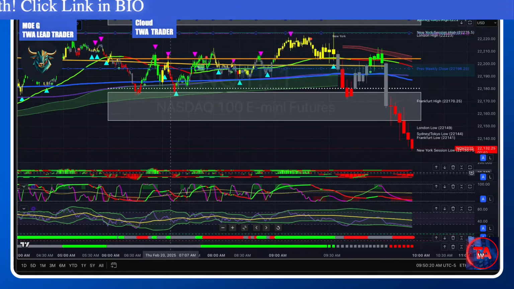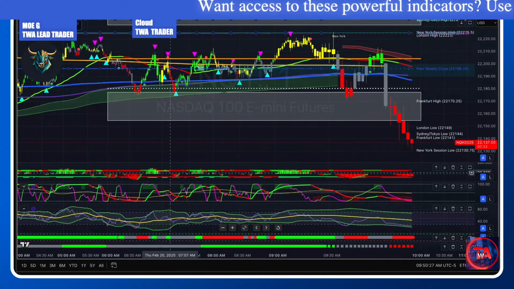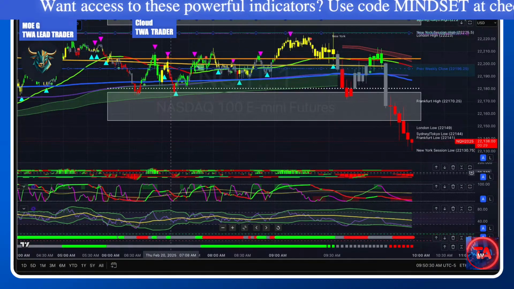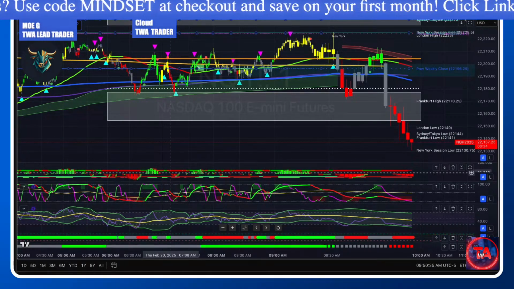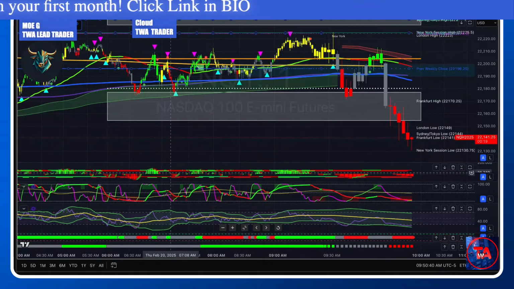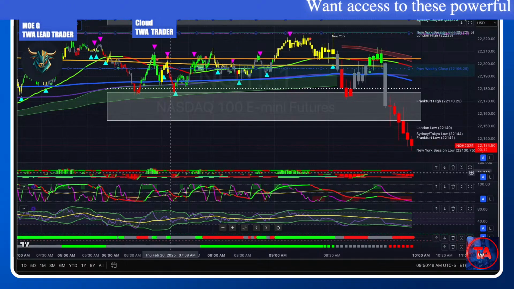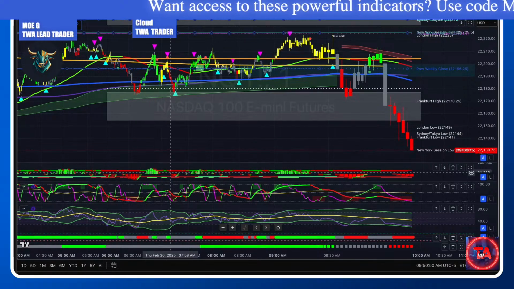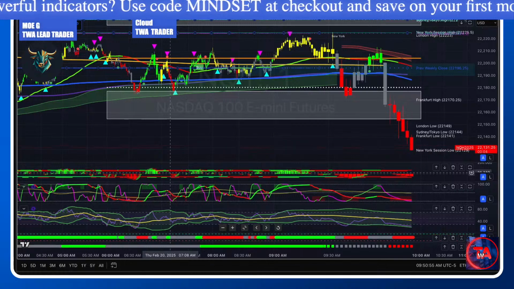But that 20,040 level, for some reason I think it wants to come down there. Okay, I got my direction.